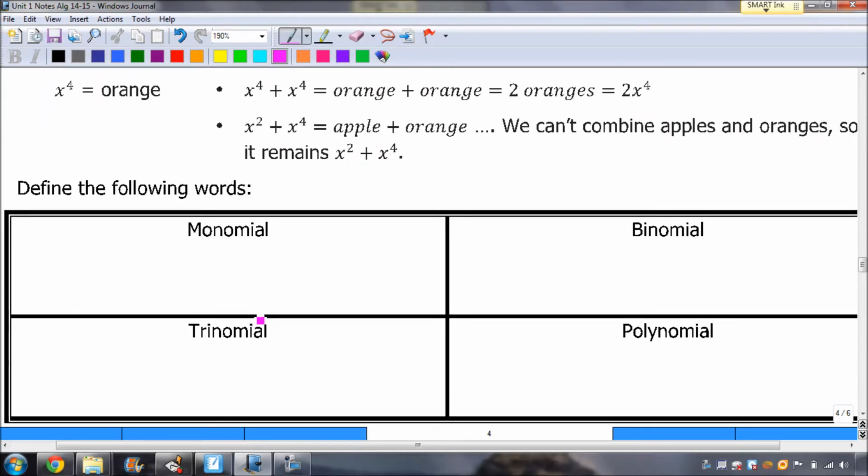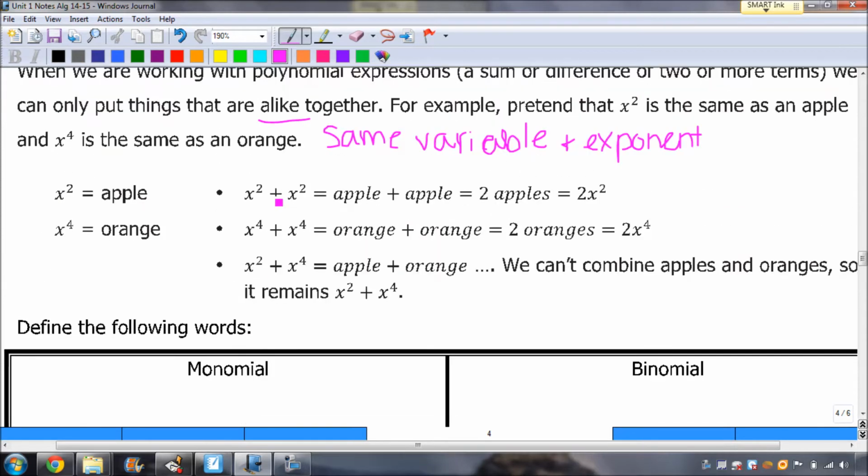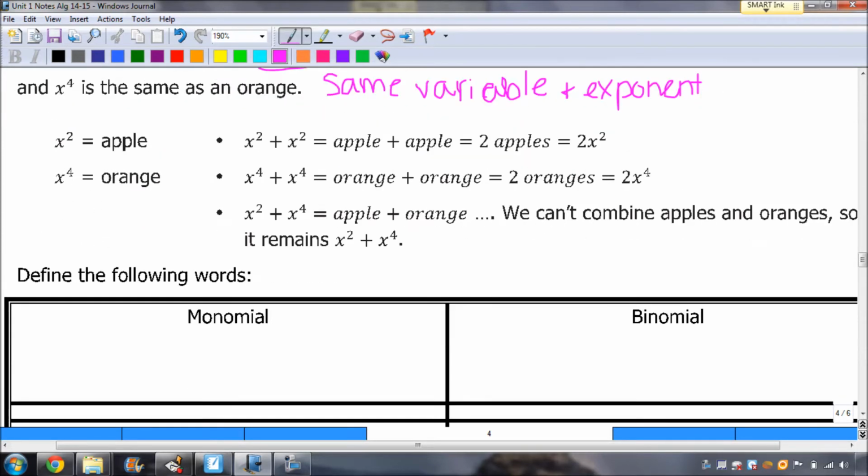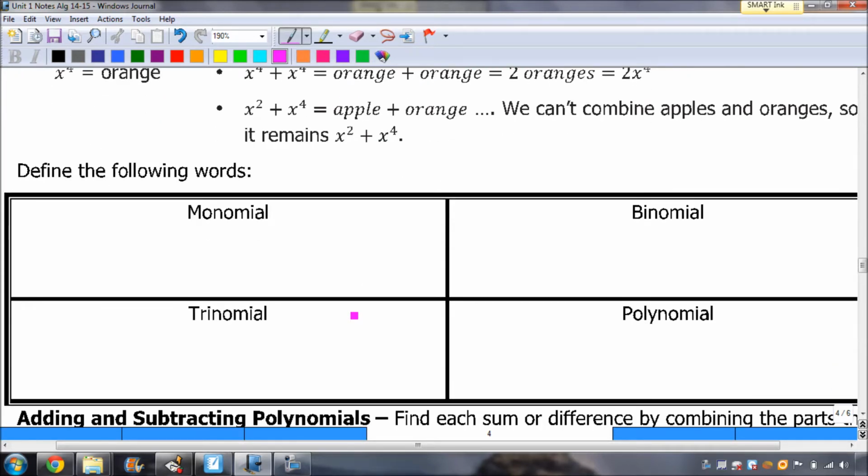So now let's define the following words, because we talk about what polynomials are, but we don't actually have them defined. A polynomial is just basically one or more algebraic terms. Poly means many, so that's where we have this one or more.